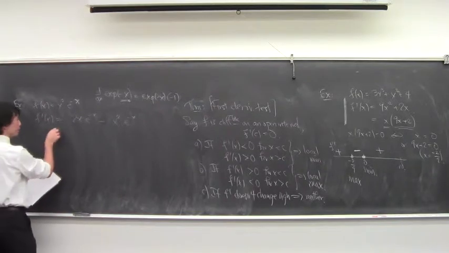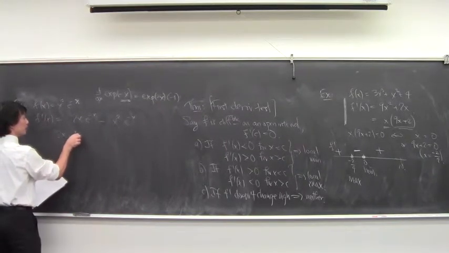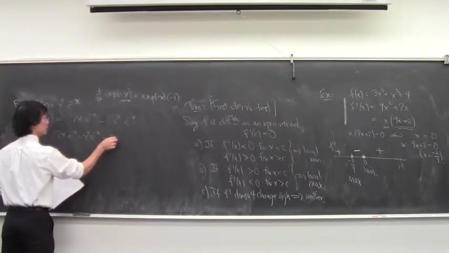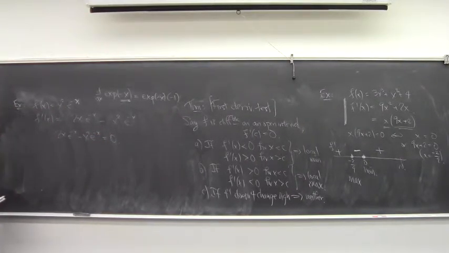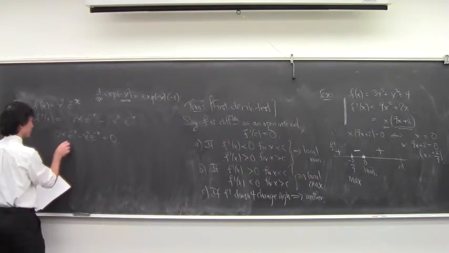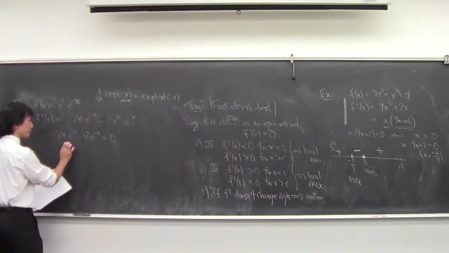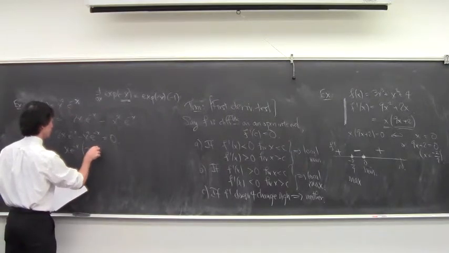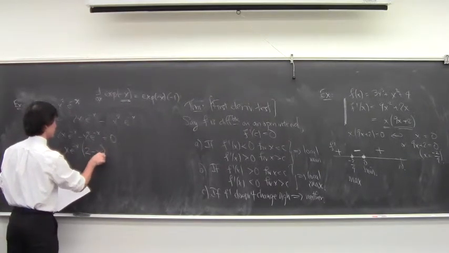Okay, and then you set it equal to 0: 2x e to the minus x minus x squared e to the minus x equals 0. Did anyone see how to do that? Julia? I factored out x times e to the negative x. Okay, x e to the negative x times 2 minus x.